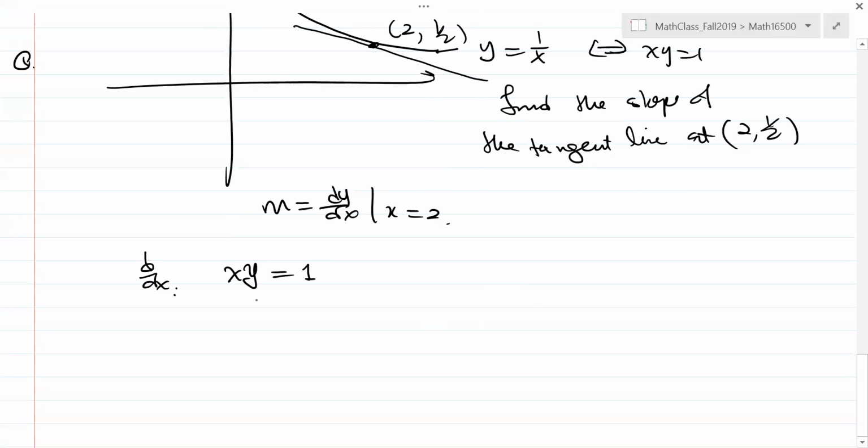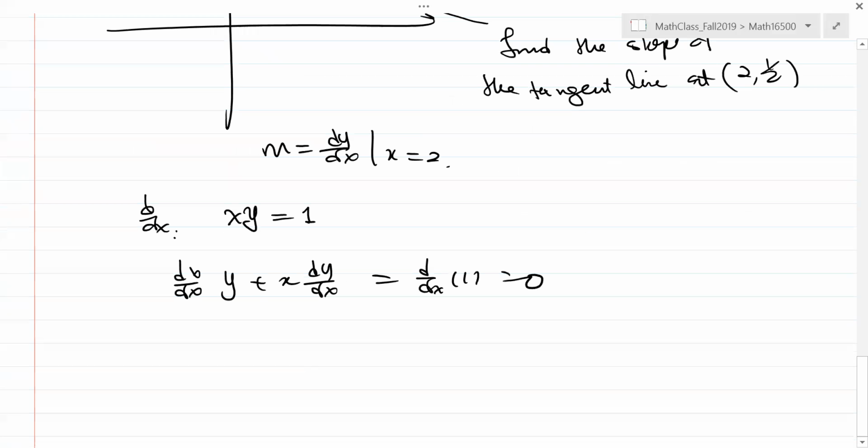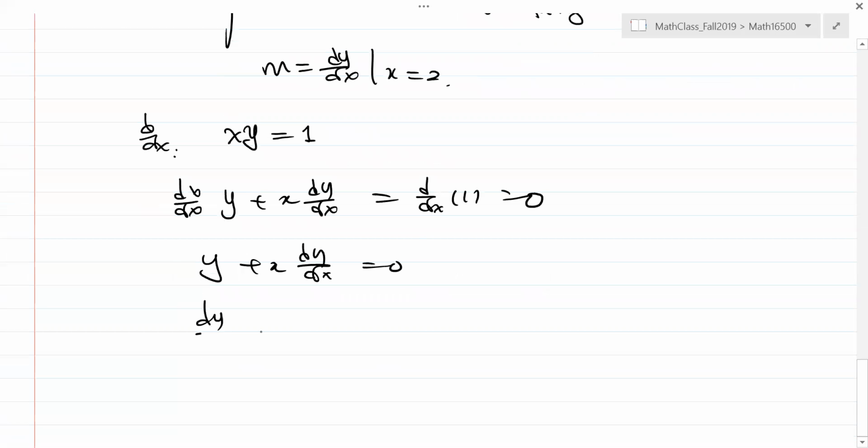Then apply the product rule. It's going to be dx/dx times y plus x times dy/dx equals the derivative of 1, which is 0. The derivative of x with respect to x is also 1. Then I solve for the derivative. It's going to be negative y over x.